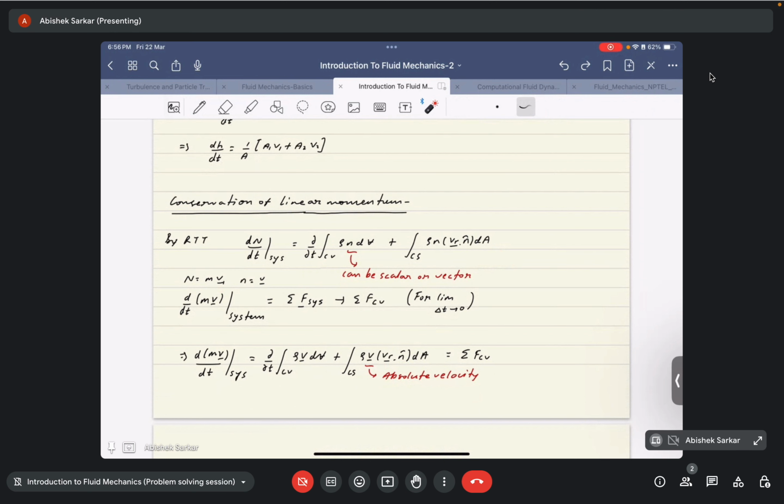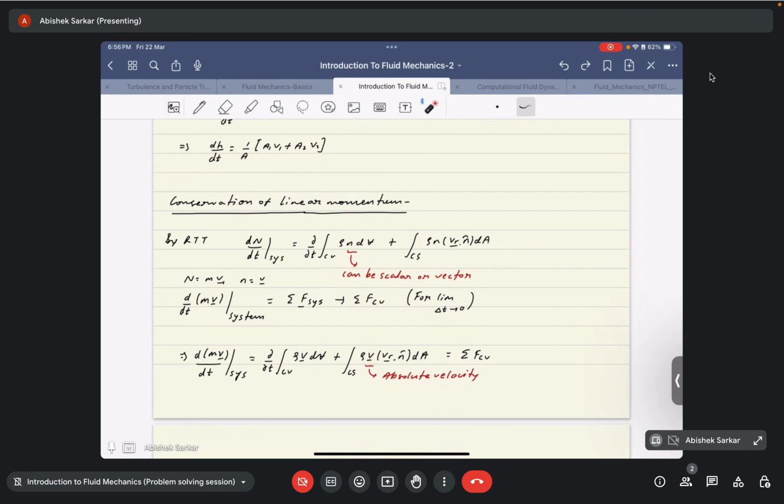So if the control volume is moving, then this v and this v will be different, because this is the relative velocity and this is the absolute velocity of the fluid. This is very important to remember. Sometimes this very slight lack of understanding of the governing equation can lead to a very silly mistake in the exams.